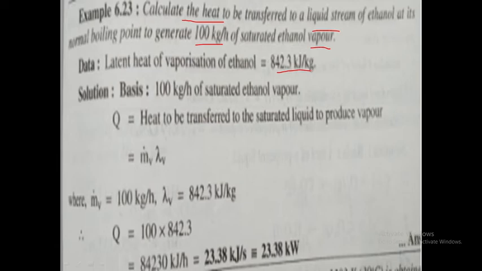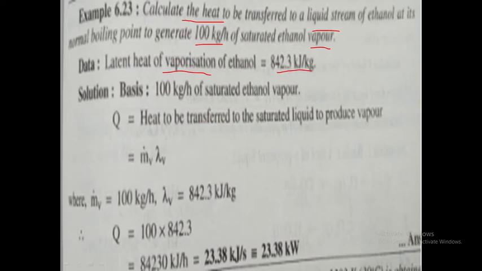It is denoted as lambda, and its unit is kilojoule per kg. In this case, the latent heat of vaporization of ethanol is given because this is a phase change from liquid to vapor.